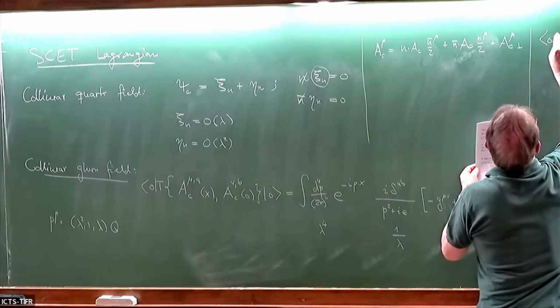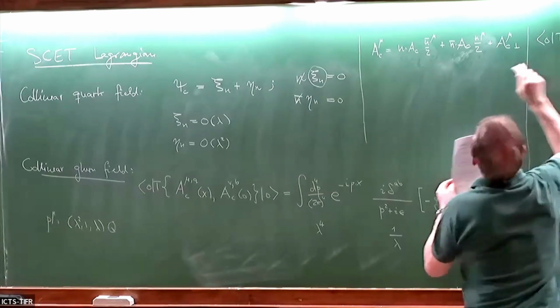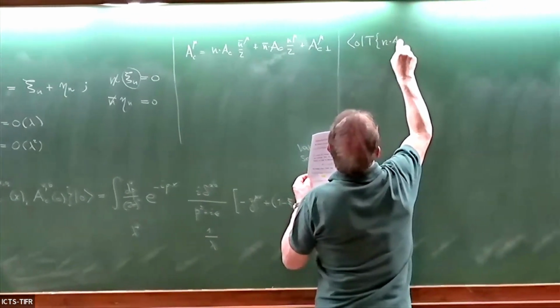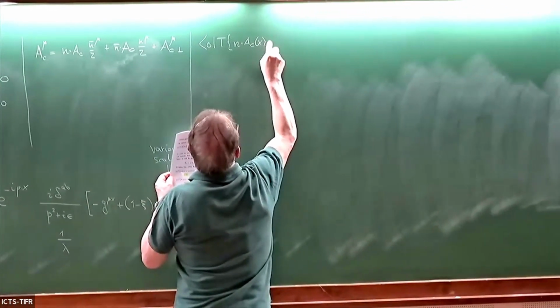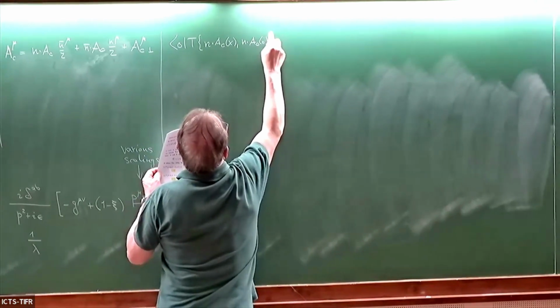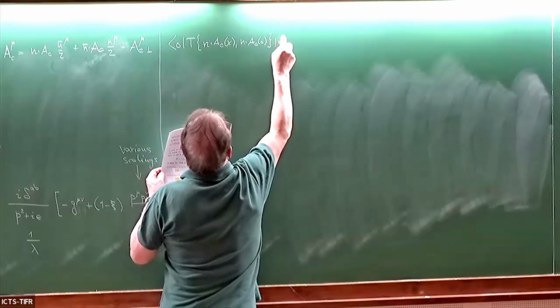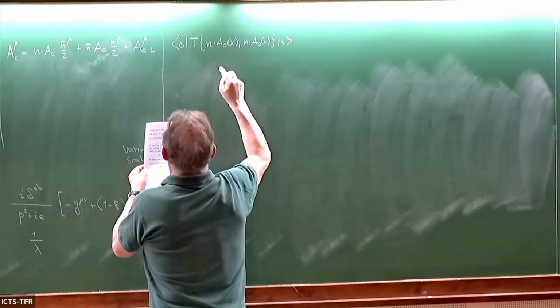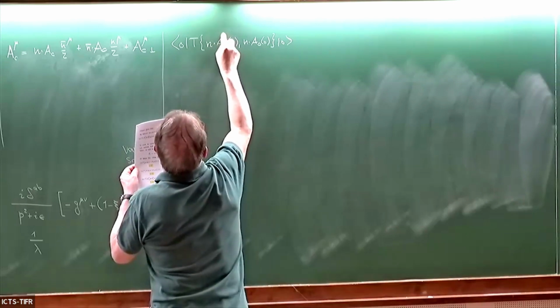We can look at the 2-point function of two n dot A components. And I guess I should add color indices here.